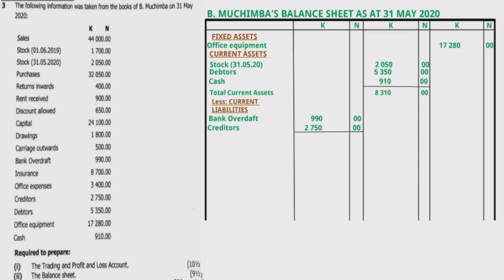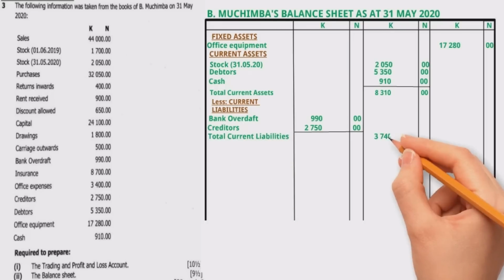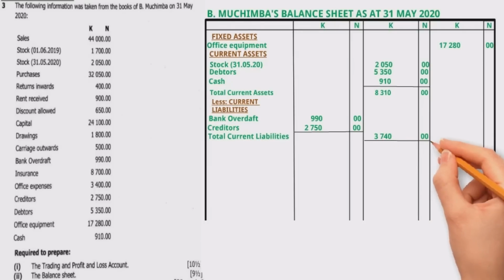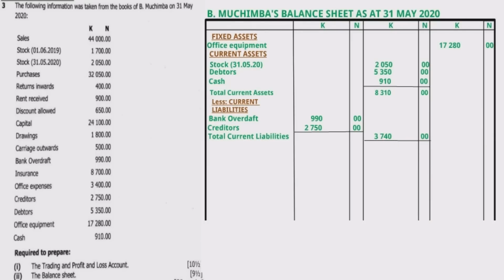When we add that, it's going to give us 3,740 kwacha. That is the total current liabilities.